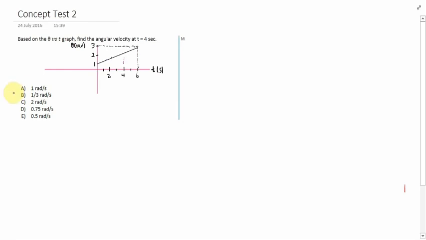Okay, so the correct answer should be B. Since this is a straight line graph, we should know by now that I could take the slope at any point in time, and the velocity, or angular velocity in this case, will be the same at any point along this graph. So the slope is equal to rise over run.